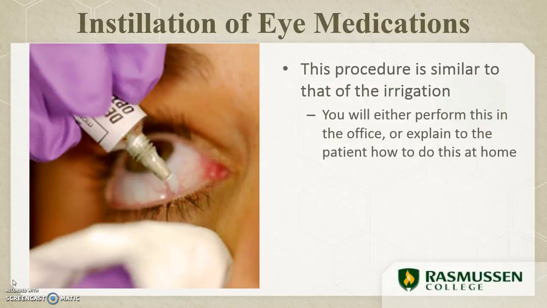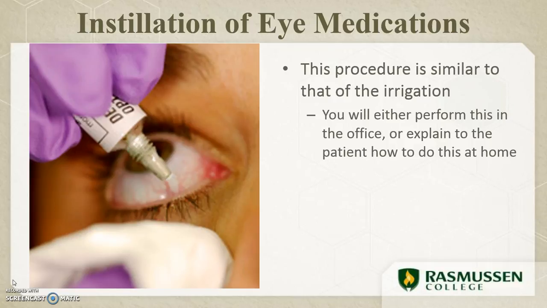When you're instilling eye medications, this may be something that a medical assistant will do in the office, or you'll instruct the patient how to perform this themselves at home. It will be similar to the eye irrigation, as the patients will sit or stand with their head tilted back and looking upward.